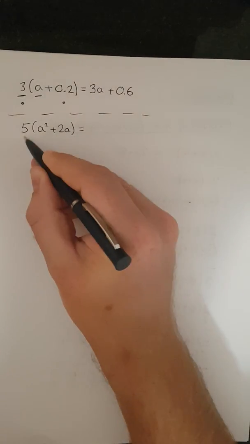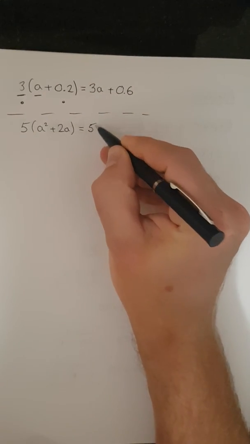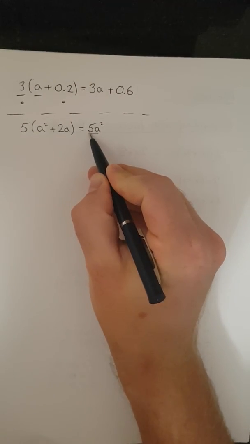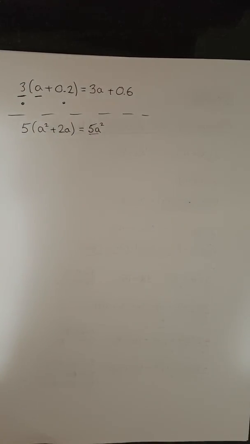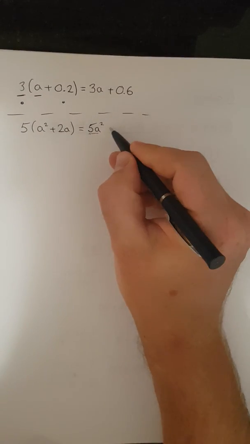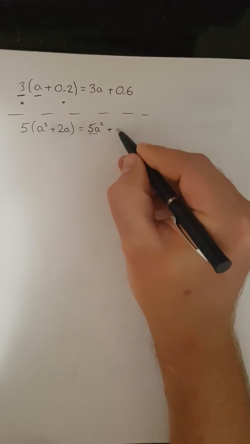No. 5 times a squared is 5a squared, because actually this means 5 times a squared. 5 times 2a, 5 times 2 is 10a.